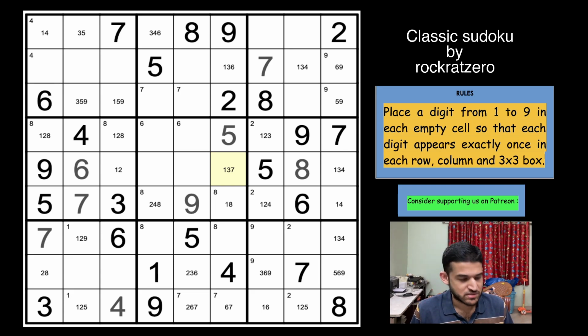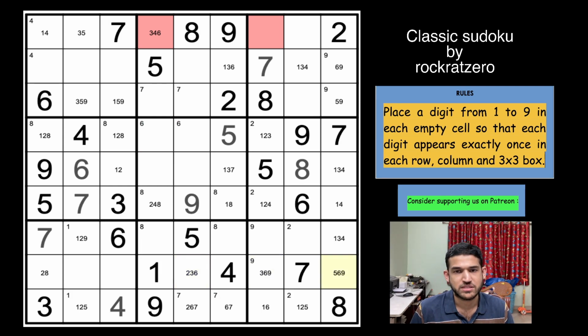Okay, let's see. 6 is in only one of these two cells in row 1. I'm going to see if that is something which can be made use of. 6 is going in these two cells. 6 in row 8 is going in these 3 cells.